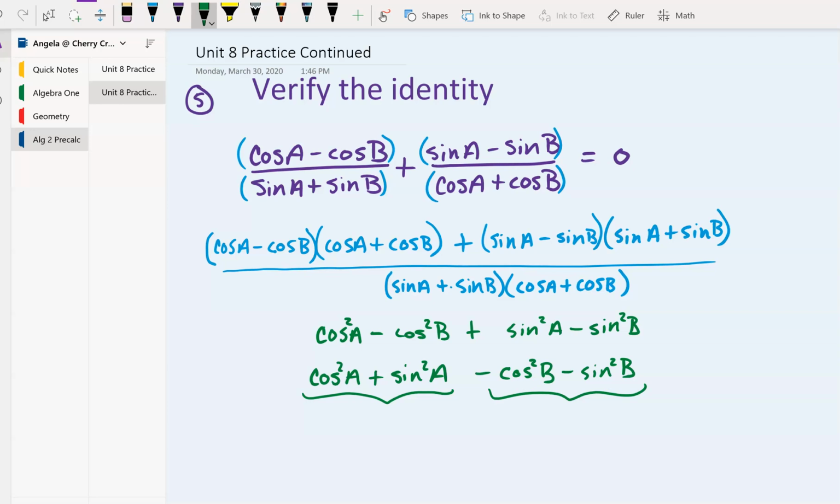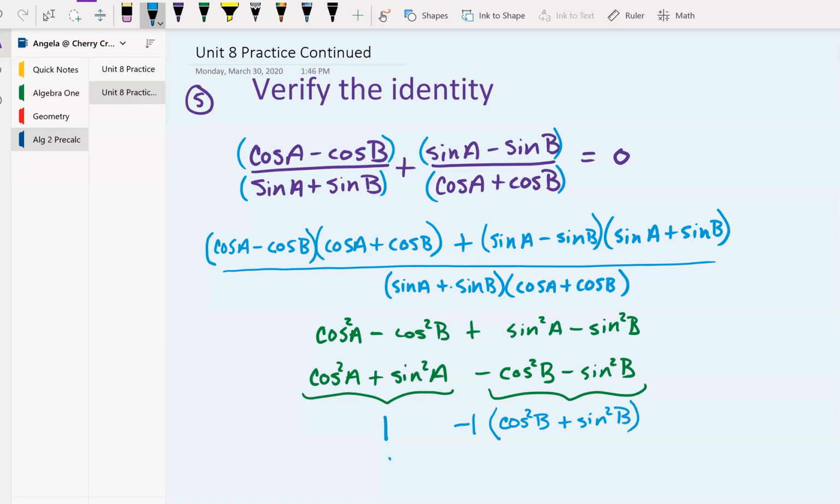So this value here is going to be equal to 1, right? Cosine squared plus sine squared of A is equal to 1. For this particular problem, I'm going to factor out a negative 1, leaving me with a positive cosine squared of B plus a sine squared of B, and that is also going to be 1.